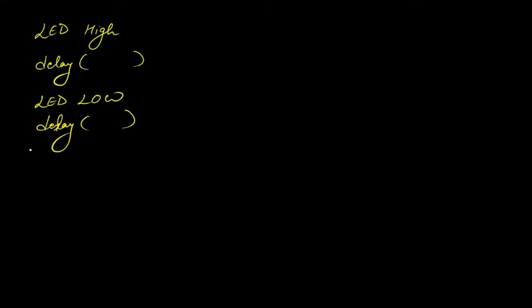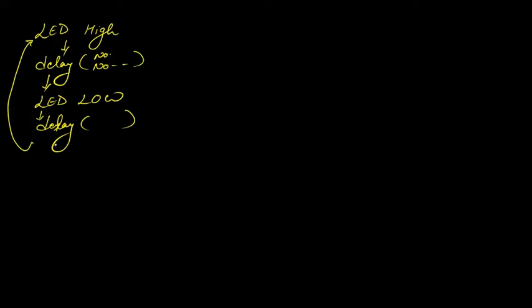This whole thing was getting repeated again and again, right? This was not that difficult. We took some number, and then we decremented the number, and when the number becomes 0, we come out of the loop and then make the LED low. So this was running quite smoothly.